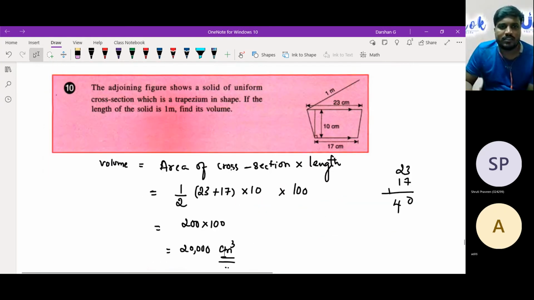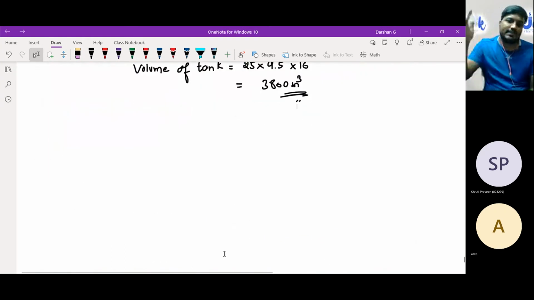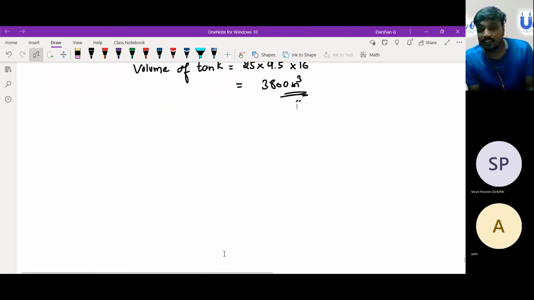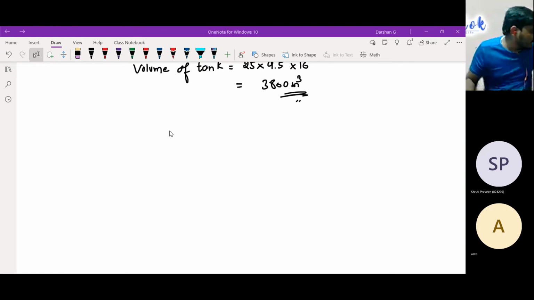Right. By this we finish 2 chapters and we are heading towards the last chapter, that is trigonometry, which has 3 exercises and it's a pretty long chapter. I just wanted to get some info. We also have one more chapter called application of trigonometry. Is that included? Can anyone confirm?